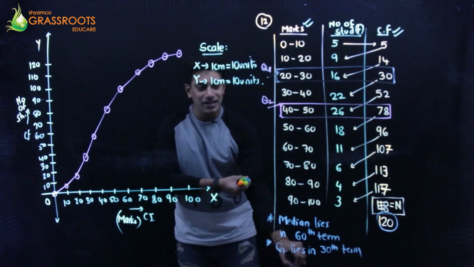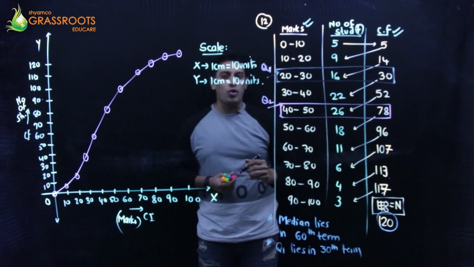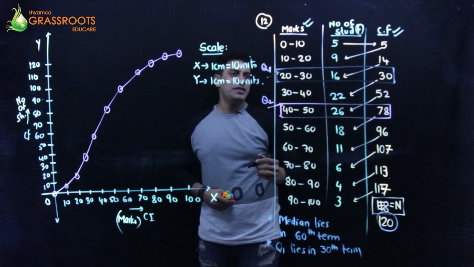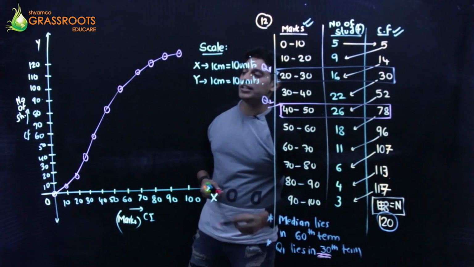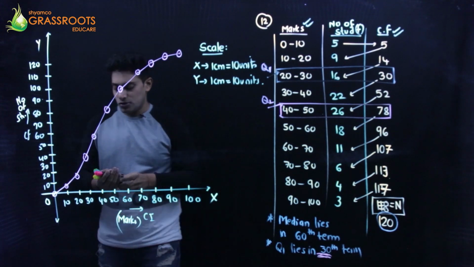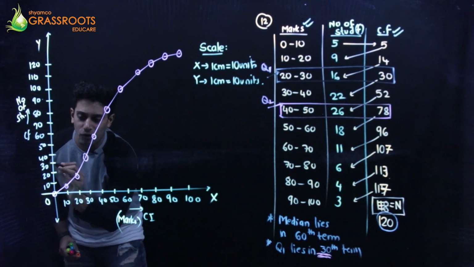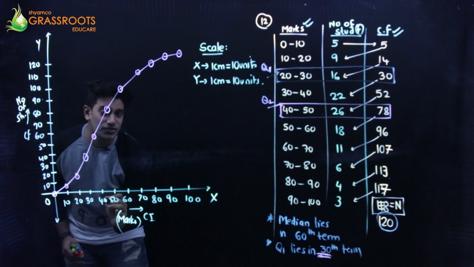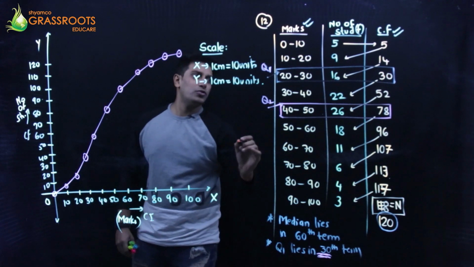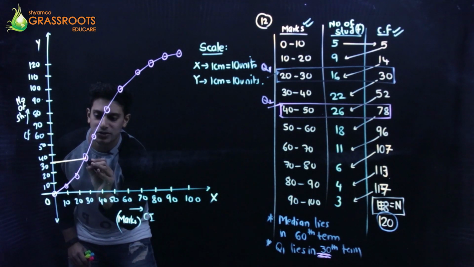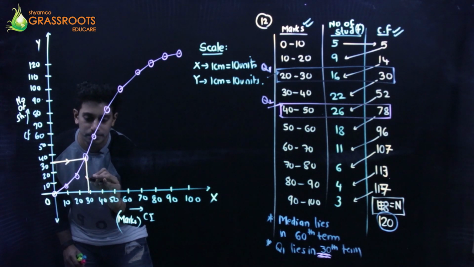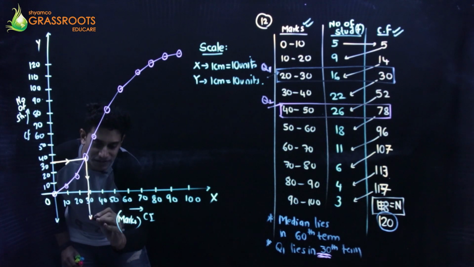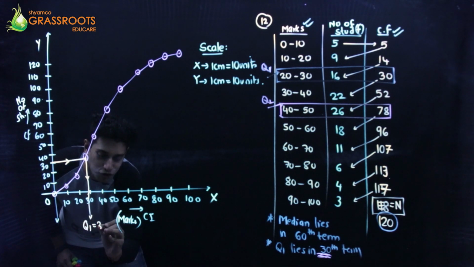Now, in order to find the lower quartile, it lies in the 30th position. So trace down a value from 30 downwards. It is going to come at 30 itself. So this itself is going to be my answer for quartile 1, which should be 30.